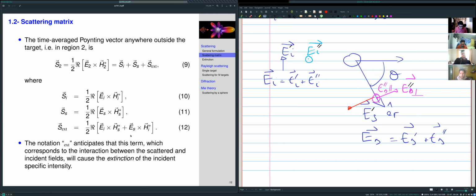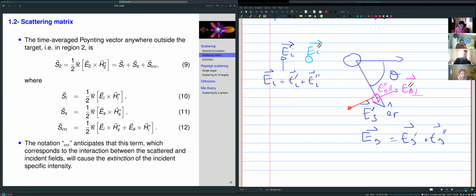So, summary: the Poynting vector outside the target in region 2 can be decomposed in terms of the incident Poynting vector, the scattered Poynting vector, and this crosstalk term, the terms where we have the cross products between the incident and the scattered fields.